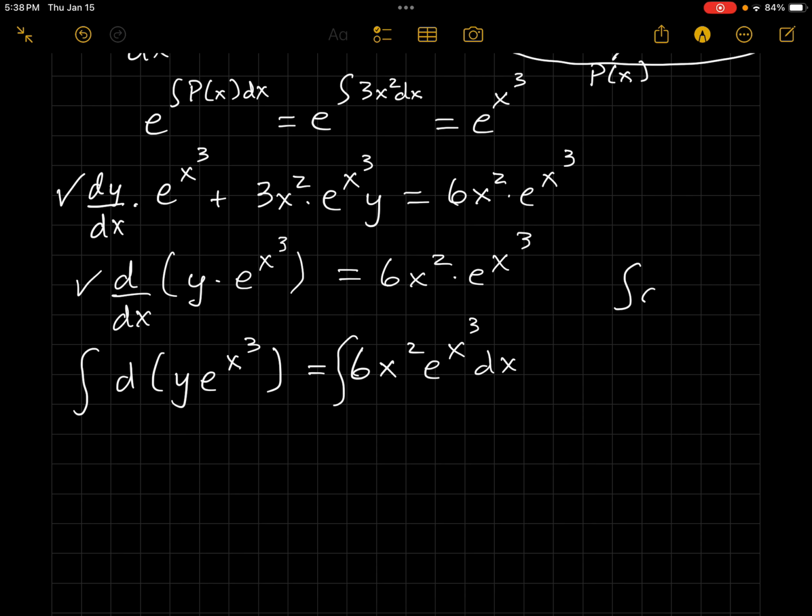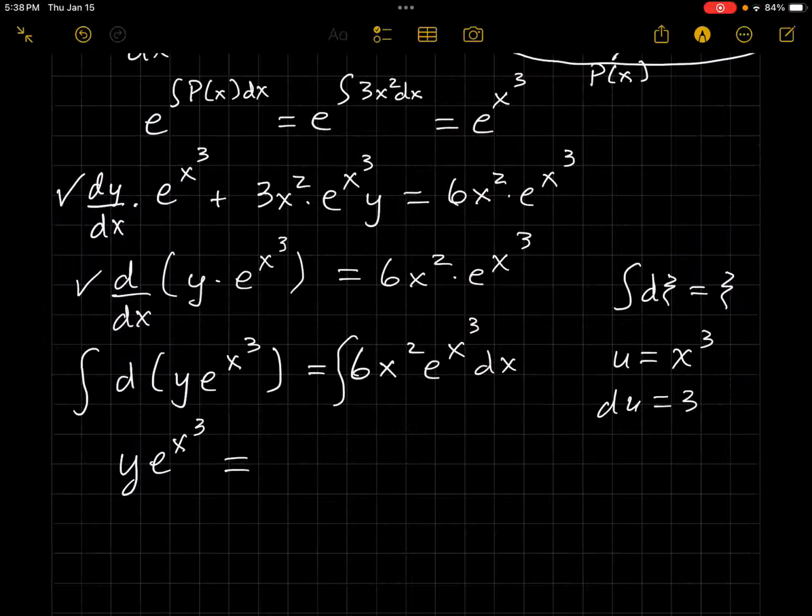Recall that the integral of d something is that something. We'll worry about the plus c later. So the left side gives us e to the x cubed times y. And the right side is a u sub. I'll do just a little of the work over here. u is x cubed, du is 3x squared dx.